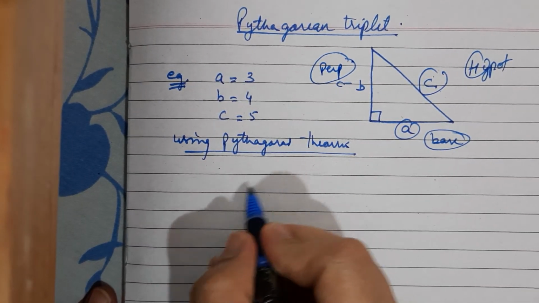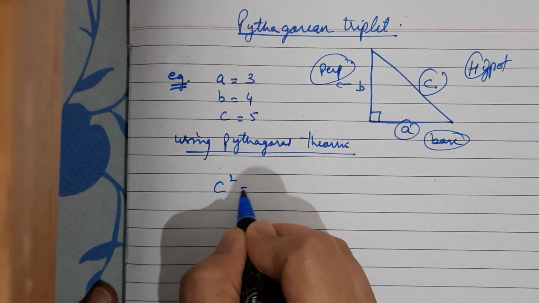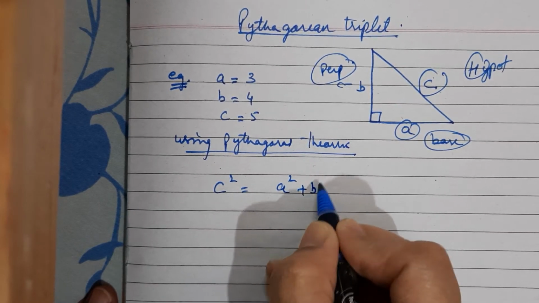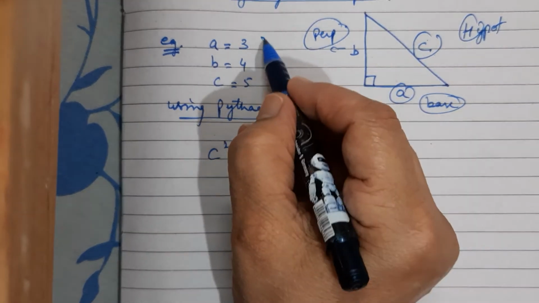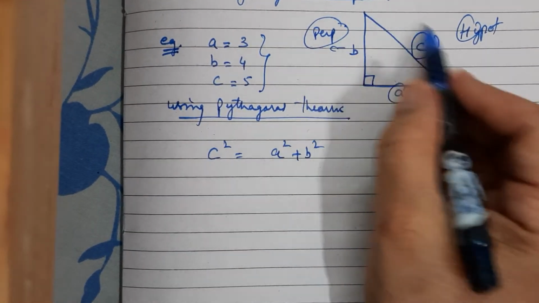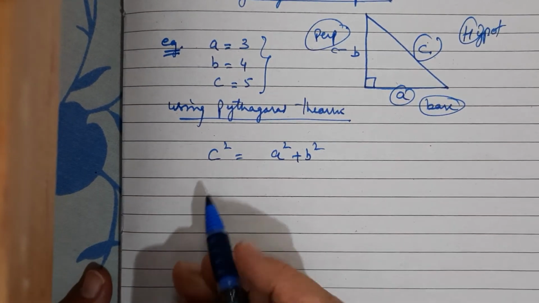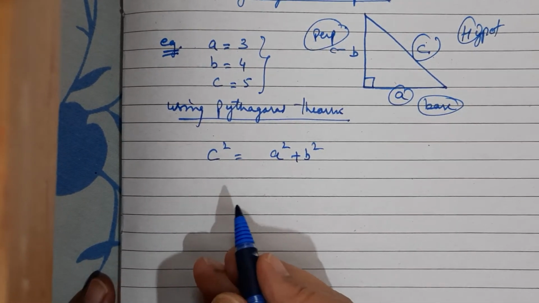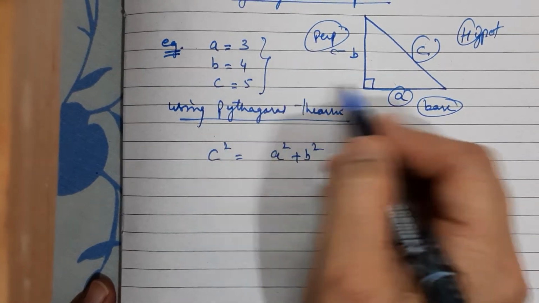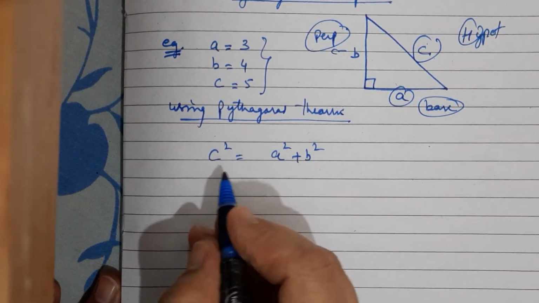So here C square is equal to A square plus B square. This is the Pythagoras theorem. We'll check whether these sides form a right triangle or not. This is my example. Using these three sides, a right angle triangle can be constructed.